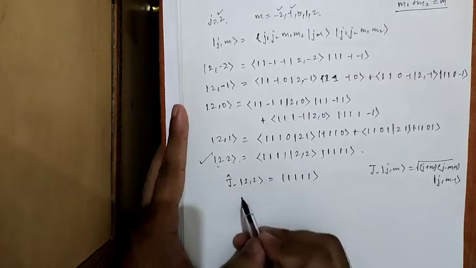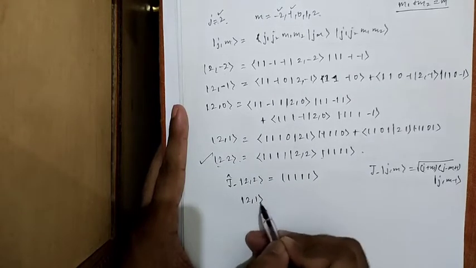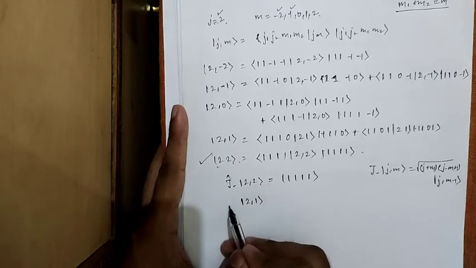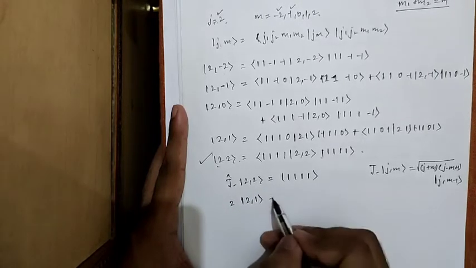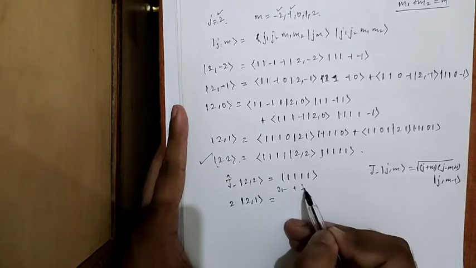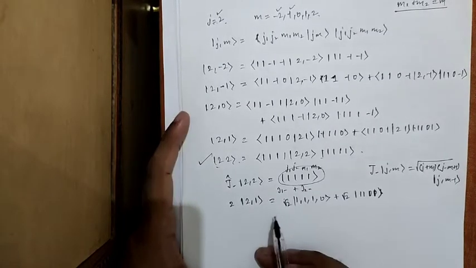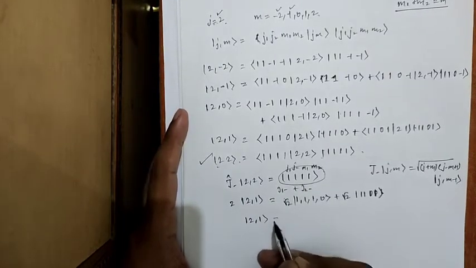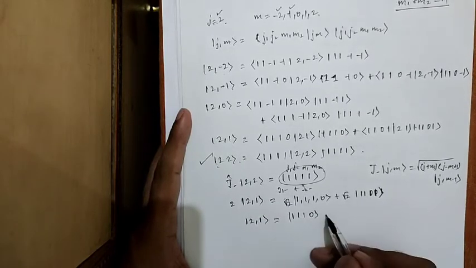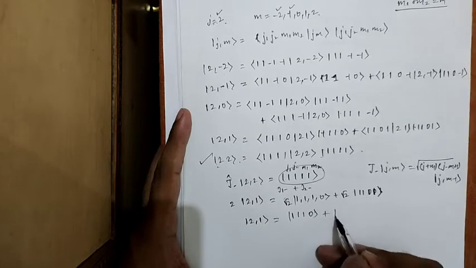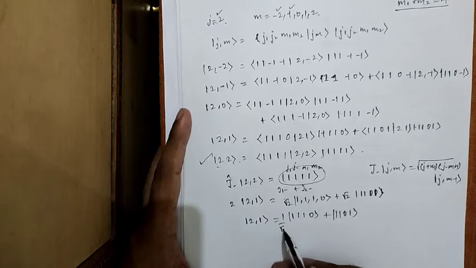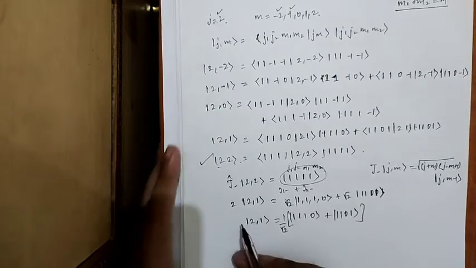So the eigenstate will be 2, 1, and its eigenvalue is root 4, which equals 2. Here J1 minus plus J2 minus will operate on this side. Now the 2, 1 state is 1, 1, 1, 0 plus 1, 1, 0, 1, times 1 by root 2.